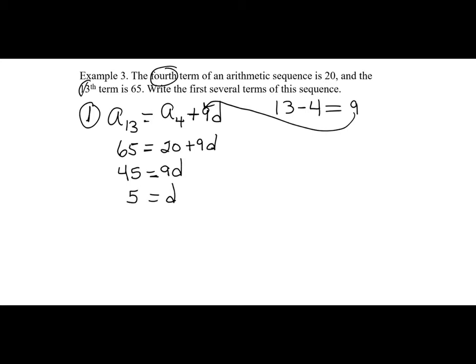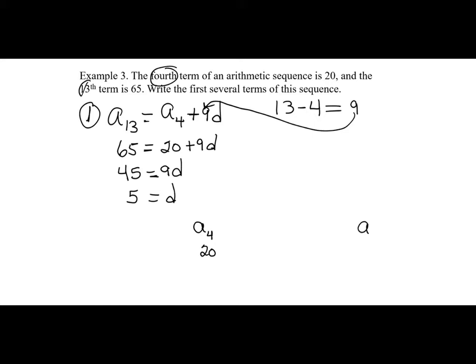So now that I know the common difference, I can work backwards to figure out my list of terms. I know that a sub 4 is 20, my 13th term is 65, and the common difference is 5.